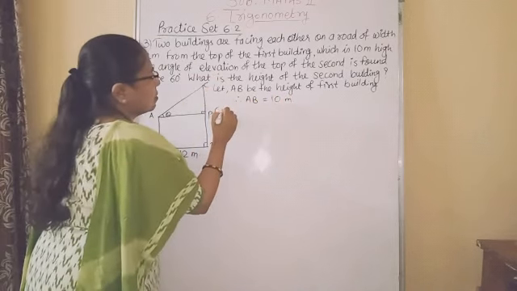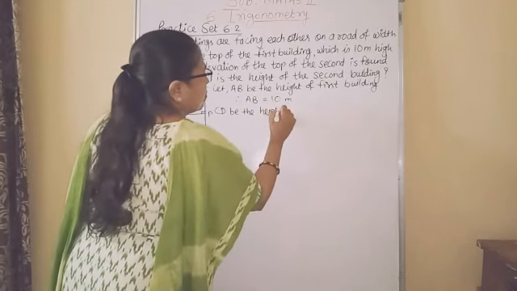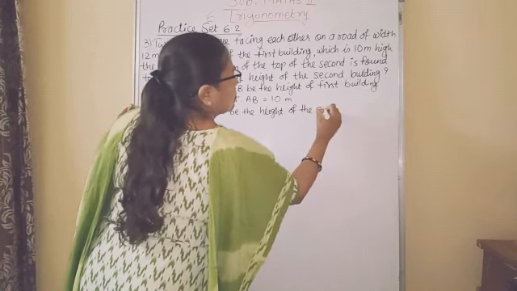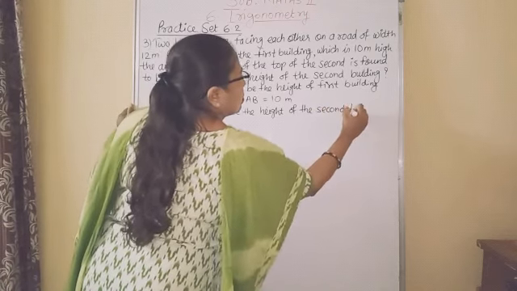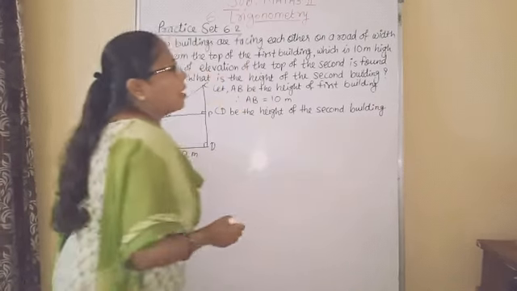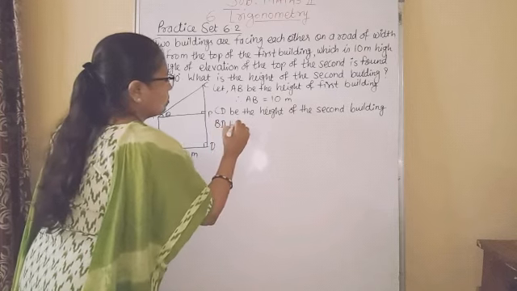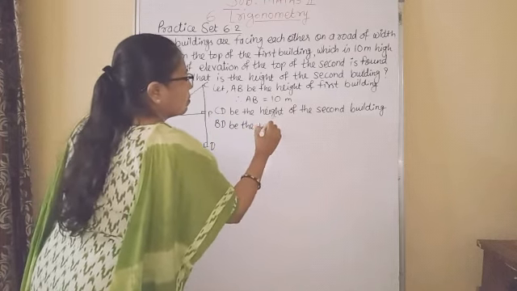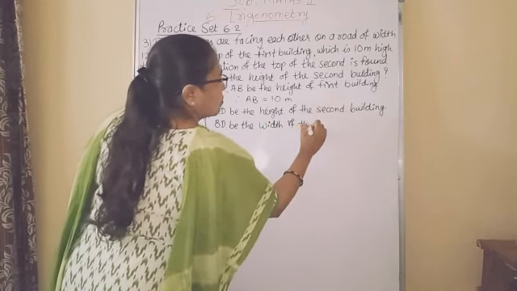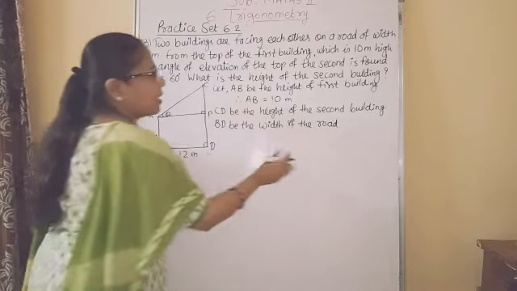CD be the height of the second building, which we have to find out. BD be the width of the road, and this width of the road is given as 12 meters.